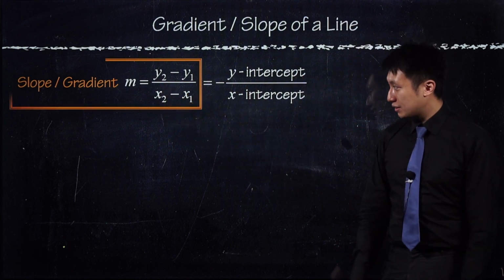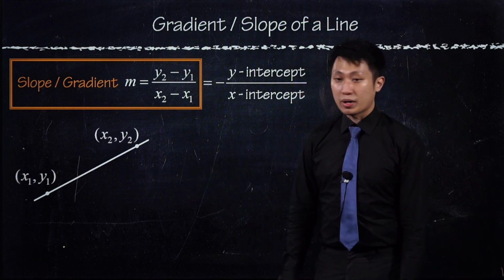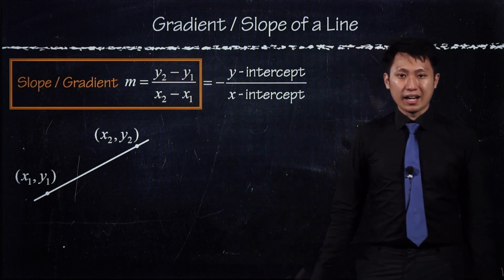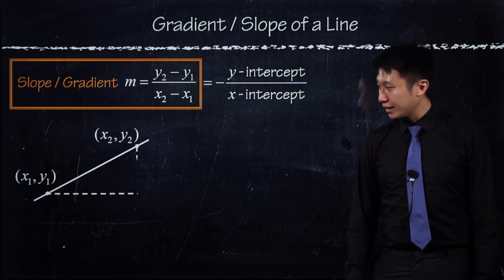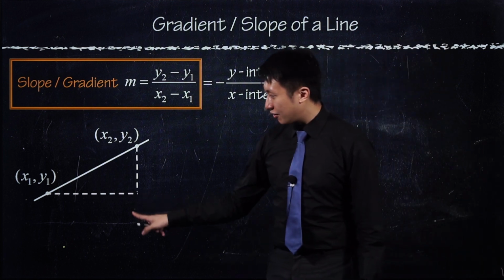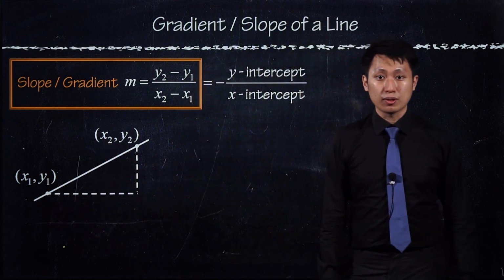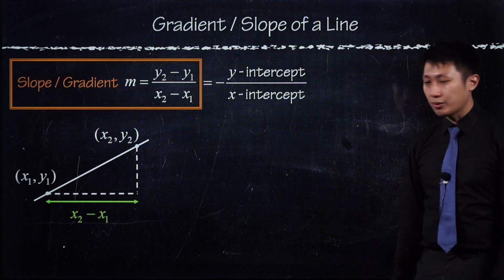So let's just look at this illustration, x1, y1 and x2, y2. What is actually y2 minus y1 and x2 minus x1? If I draw a dotted line, then this coordinate is x2, and this x coordinate is x1. So the distance here should be x2 minus x1.